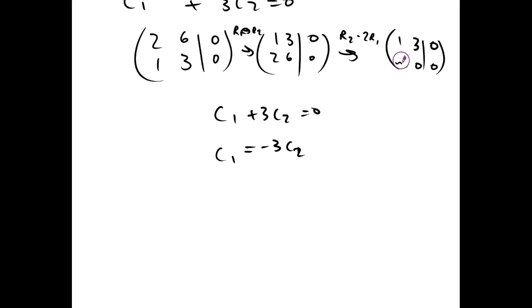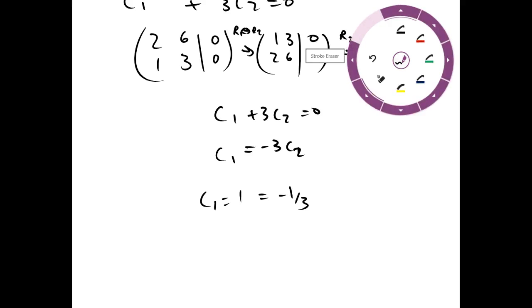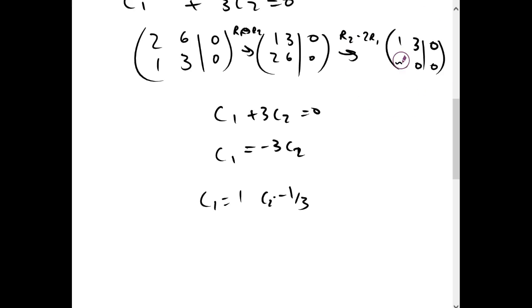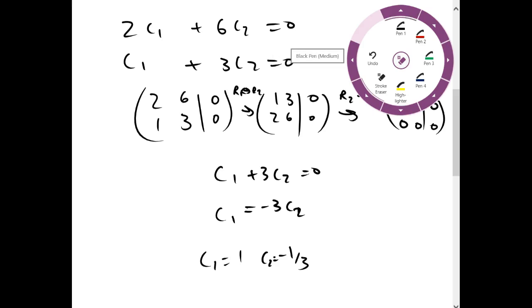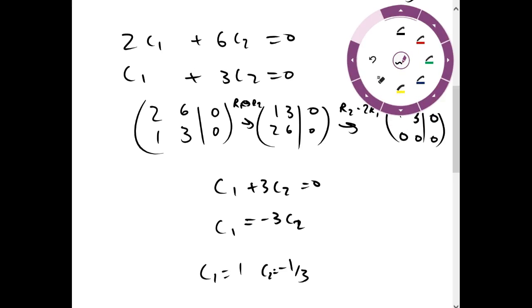So if we have C1 equals 1, then C2 would equal negative 1/3. The bottom line is, if we can find constants like this that are not 0, that means the vectors are not linearly independent.